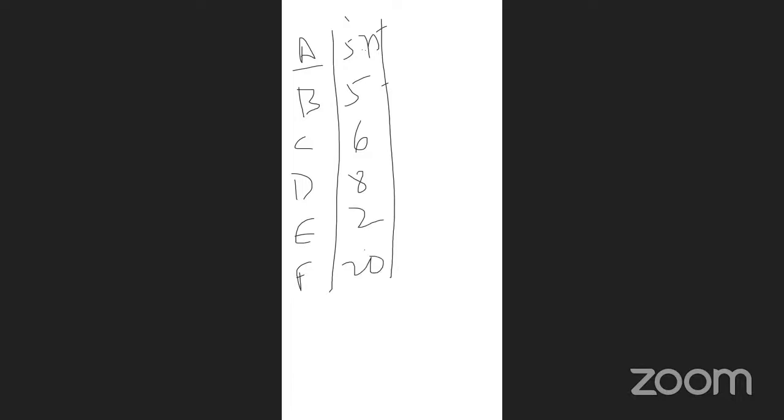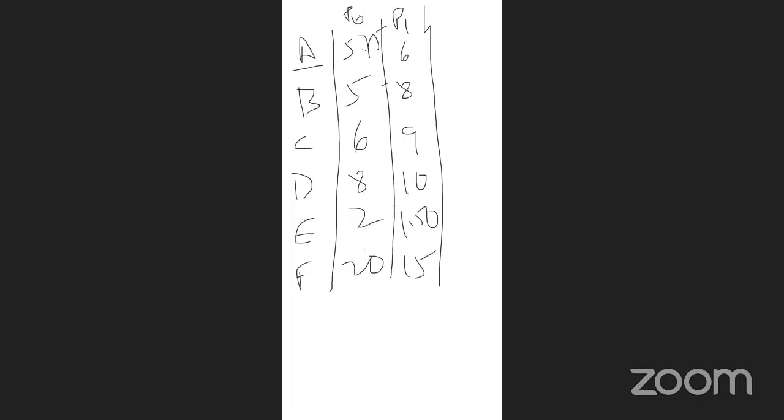This is P0. Now P1 is equal to 6, 8, 9, 10, 1 rupee 50 paisa, and 15 rupees.